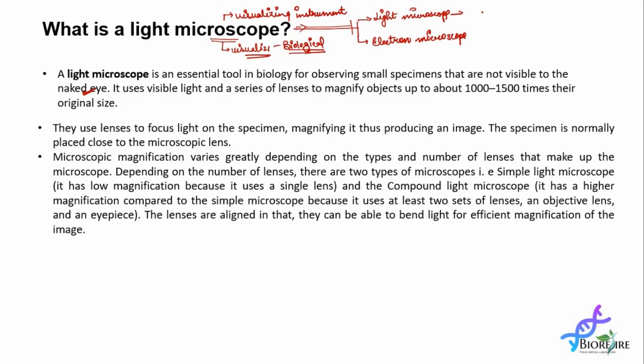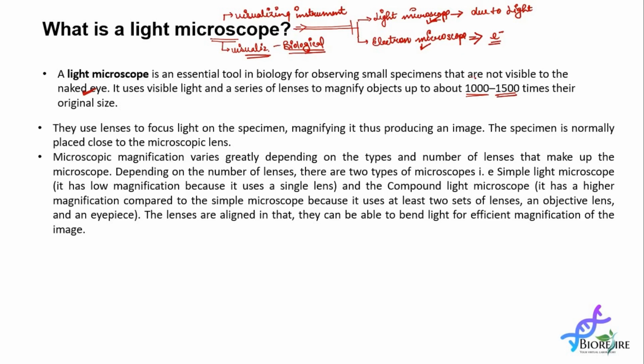In the light microscope, we visualize the biological specimen due to light, and in the electron microscope, we visualize the specimen due to electrons. The magnification power of the electron microscope is more than the light microscope. Light microscope magnifies the object approximately 1000 to 1500 times.